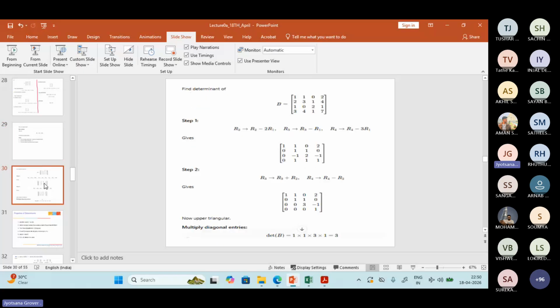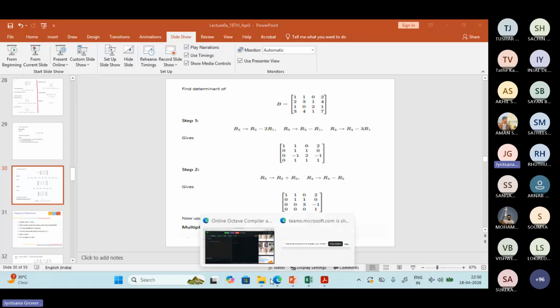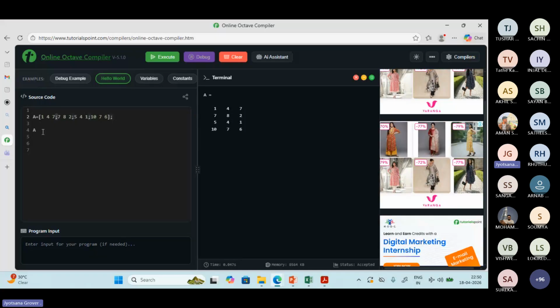Should we solve by hand? They are asking about a colon, not semicolon. Everything else is clear, ma'am. She was asking about the colon. Okay, it's my mistake, sorry.